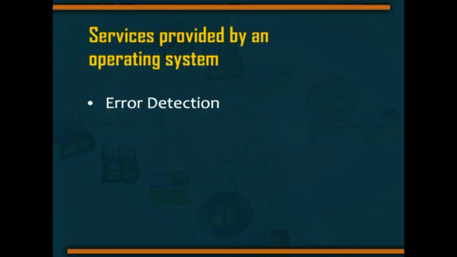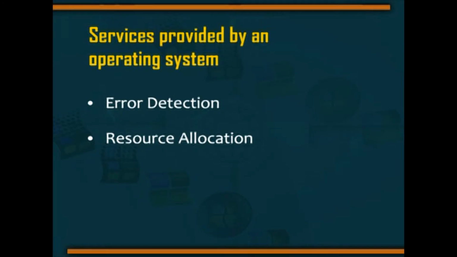Next service is error detection. The operating system constantly checks for possible errors. The operating system takes an appropriate action to ensure correct and consistent computing. Next service is resource allocation. The operating system manages all kinds of resources.